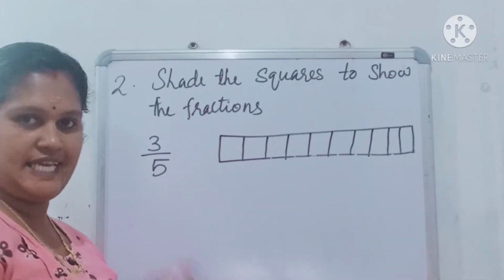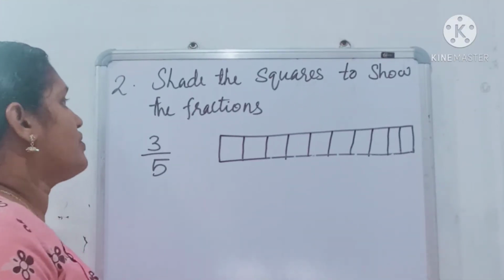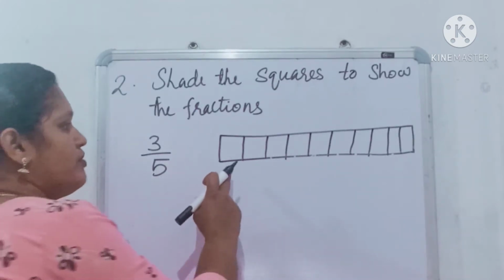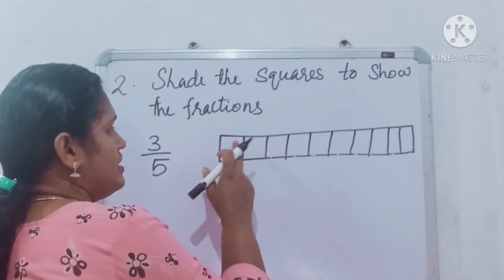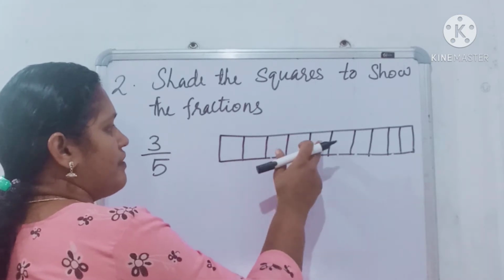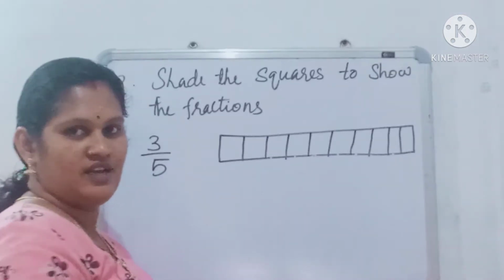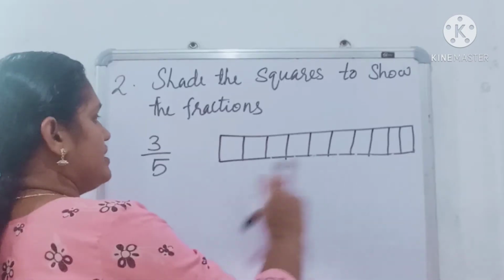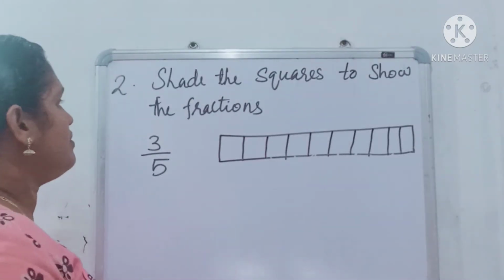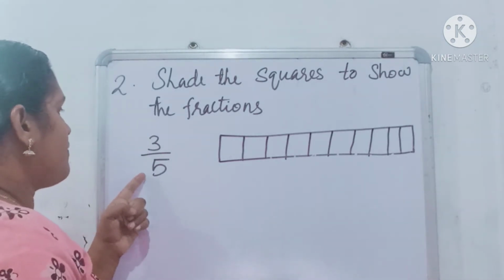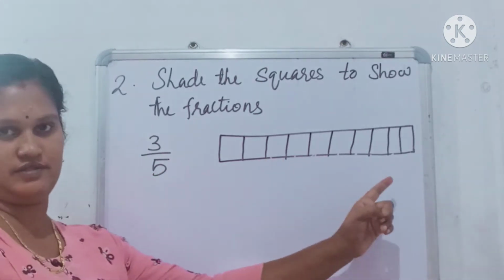Okay. Second question. Shade the squares to show the fractions. Here how many squares are there? 1, 2, 3, 4, 5, 6, 7, 8, 9, 10 squares. Okay. 10 squares are there. We have to shade 3 by 5 of 10 squares.